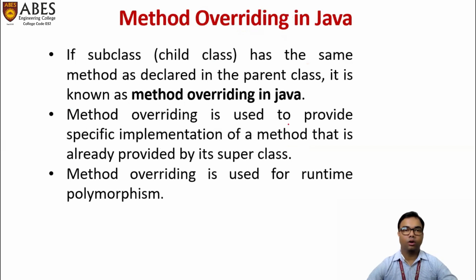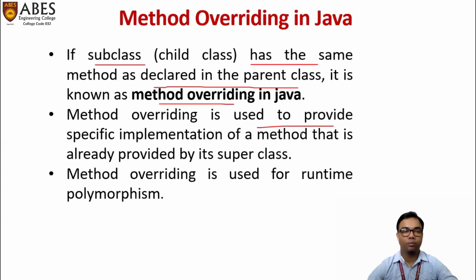We have method overriding in Java, in which the subclass has the same method that is declared in the parent class also. When we have the same method with the same parameters, and that method overrides the method of the parent class, this is what we call method overriding.